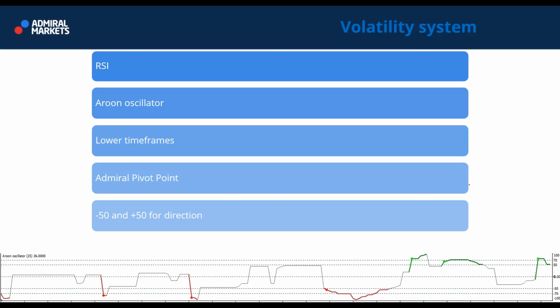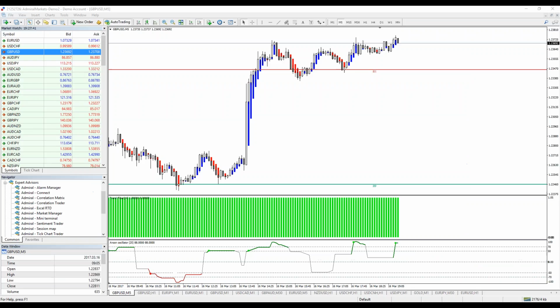Also, for this system or concept, we will use RSI and Aroon, on the 5-minute chart, with Admiral Pivot Points and this Aroon oscillator for overall direction. This is just a concept, guys, so it's not a complete system. Don't take it as a complete system. Here you can see we have Heikin-Ashi candles.